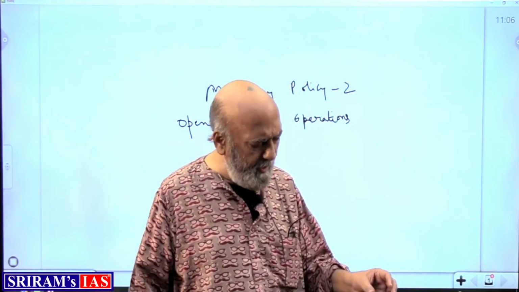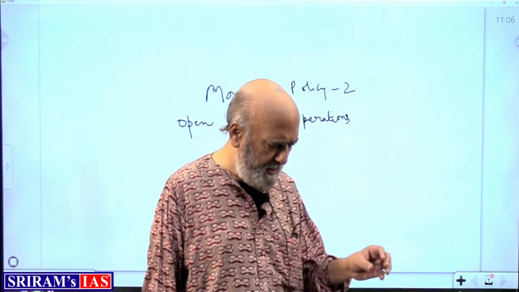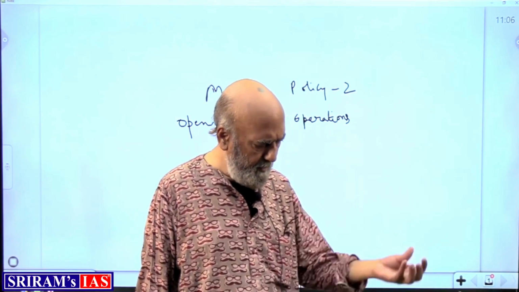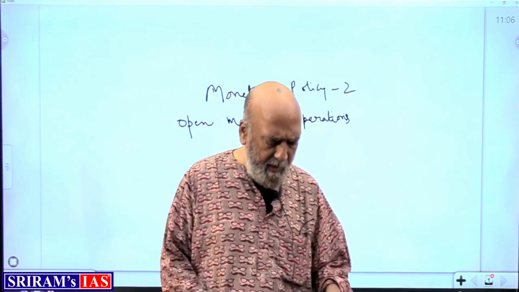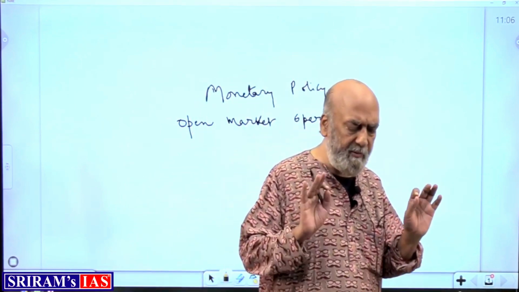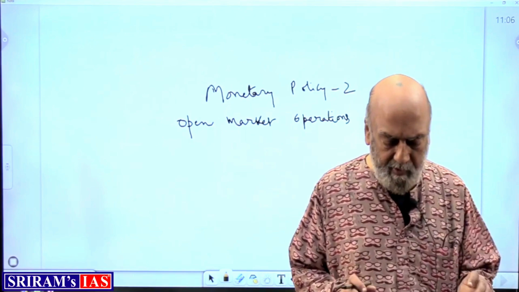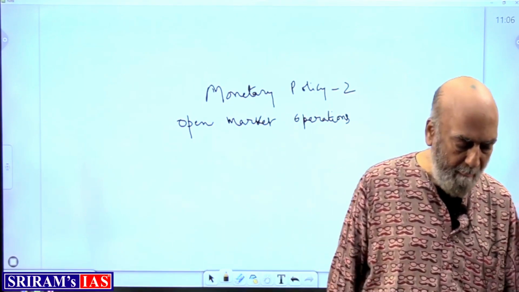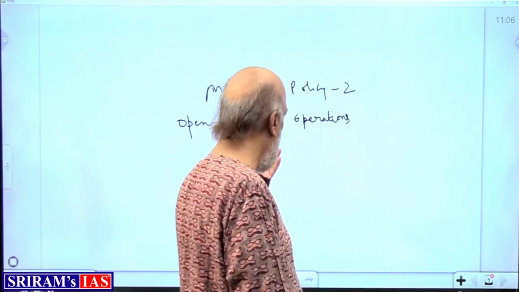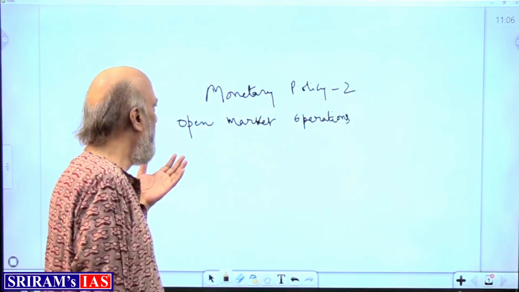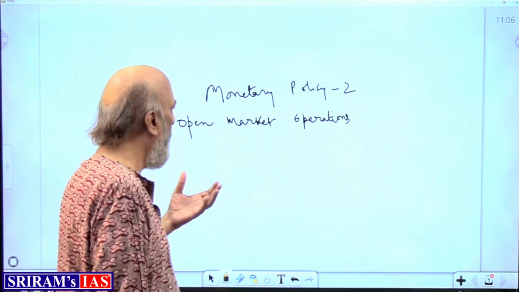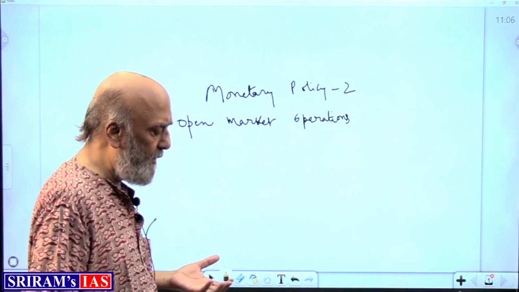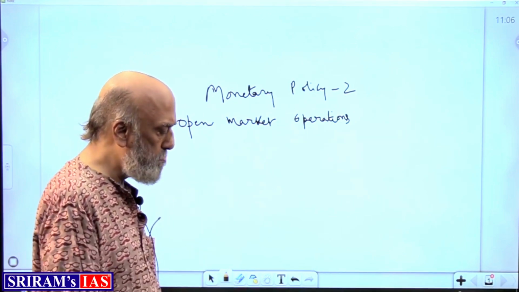Same, ABCD are there, but CRR, REPO, SDF, MSF, everything that the RBI does, it does for price stability. Implied in that are all other goals. And so OMOs come under the same umbrella, price stability.